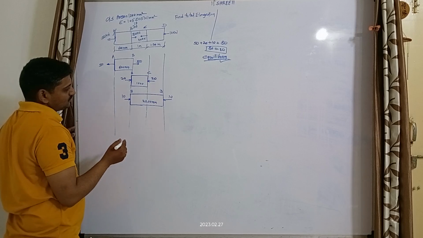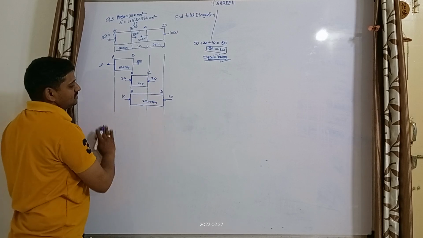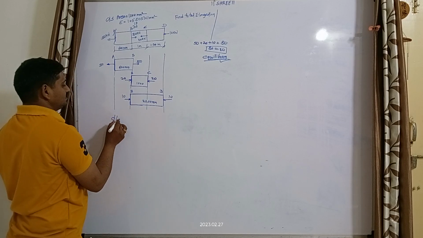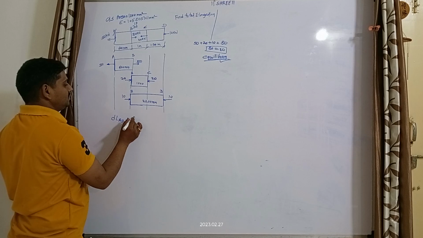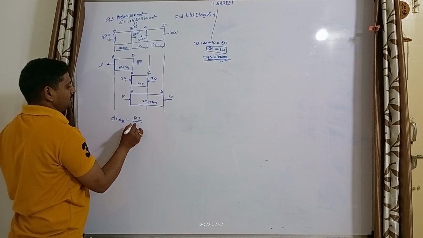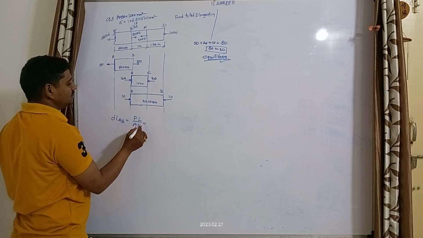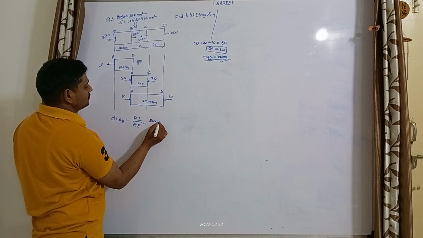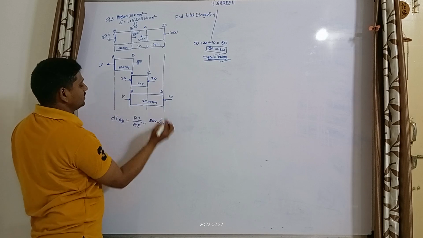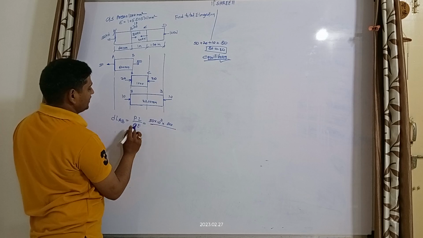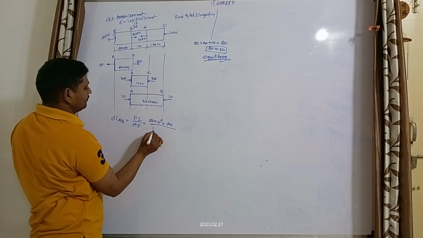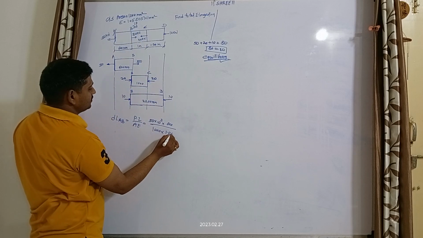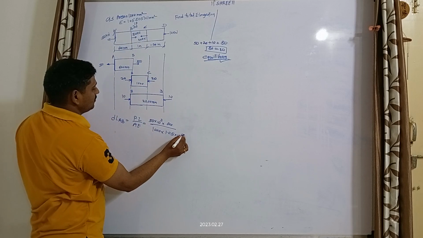The next step is to calculate the change in deflection for each section. Change in deflection for AB section is nothing but PL by AE is equal to P is 50 kN into 10 raised to 3, L is 600 mm, area is given as 1000, E is given as 1.05 into 10 raised to 5.